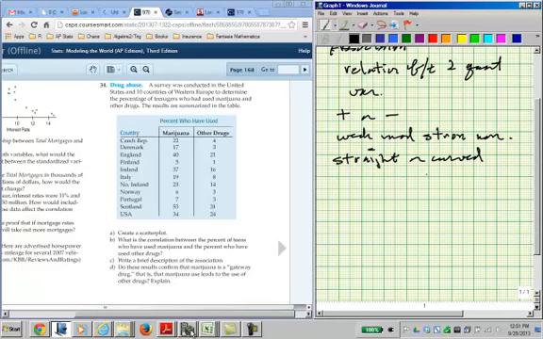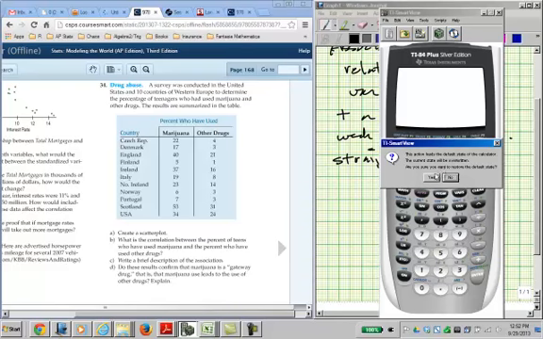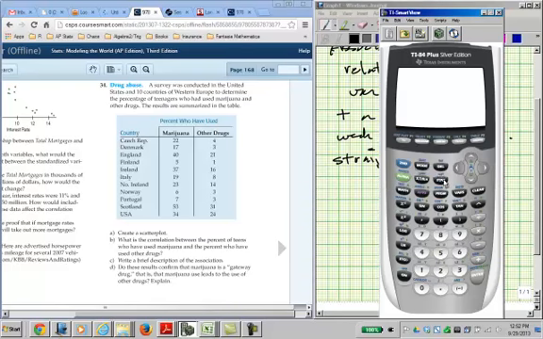Okay, so this will be a chance to go through the calculator and learn how to do this. I'm going to set my calculator to its default mode. Alright, so we're going to go to Stat and then Edit, and you're going to put in the numbers. So you can just skip ahead or whatever, you get the numbers in.